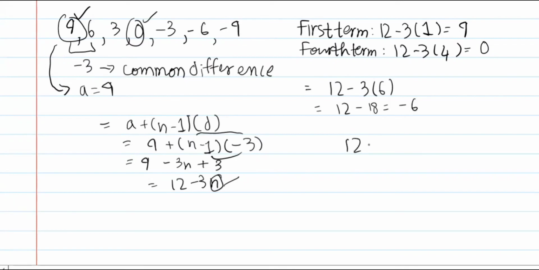And 12 minus 3n, and n is 7 because this is the seventh term. So you'll get 12 minus 21, which is minus 9. So you can see this formula works.